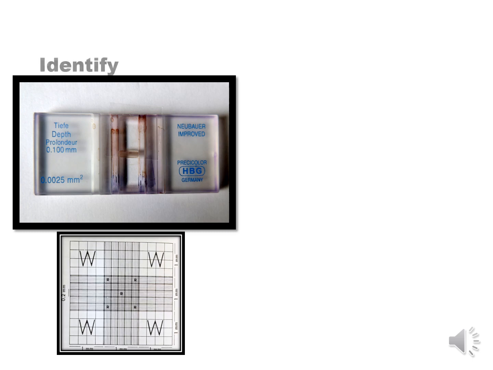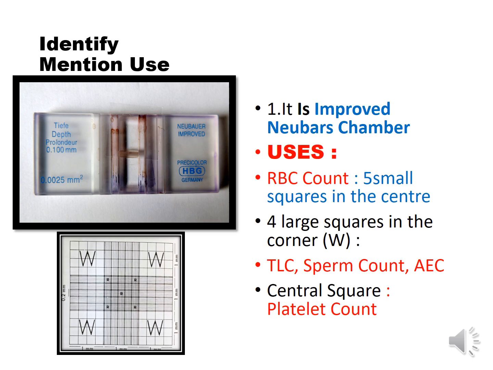Identify and mention uses. It is the improved Neubauer chamber. Improved because previously there were 16 squares, but now in the improved there are 25 small squares in the center, and the large corner squares are for the WBC count.